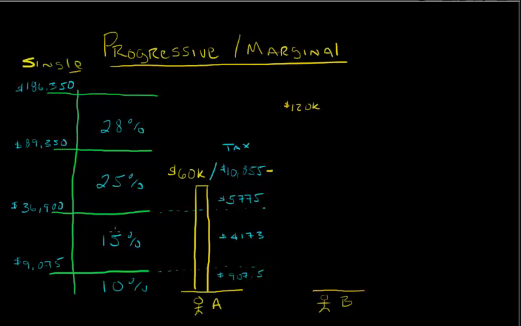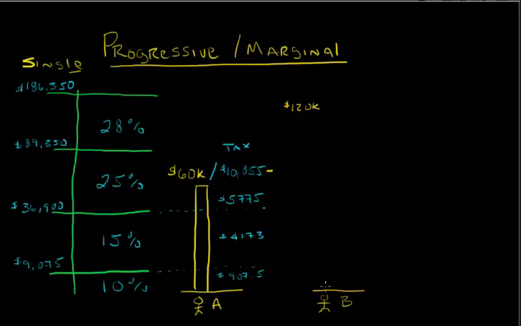These brackets, the percentages are the same percentages, but these dollar amounts differ when you move from single to head of household to married. So just be aware that it doesn't exactly fall out the same for all situations. And if you're married, it will be different, but just realize that the concept is exactly the same.